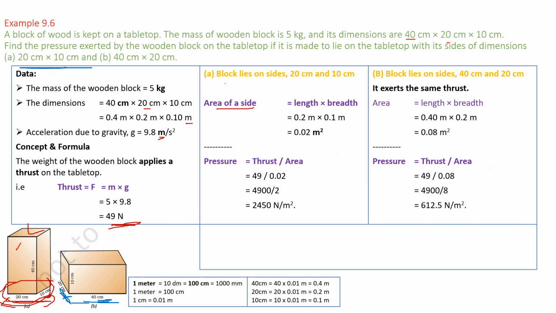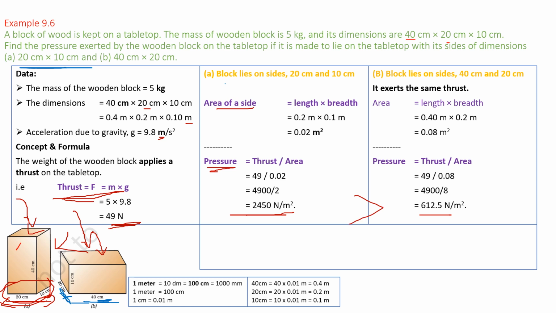Remember, in both the cases, I place it this way and I place it this way. We have different areas of sides touching the ground. But in both the cases, thrust remains the same. The pressure exerted in this scenario and this scenario is different. Look at it: this is 2450 and this is 612.